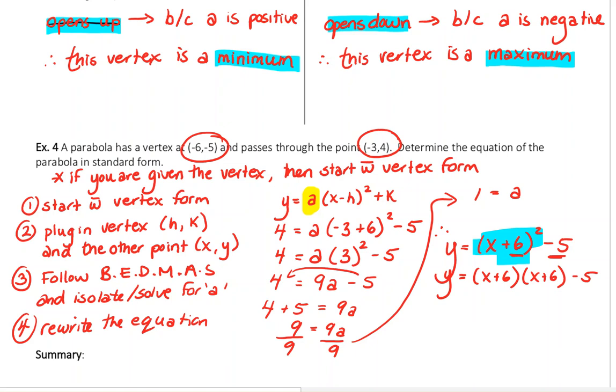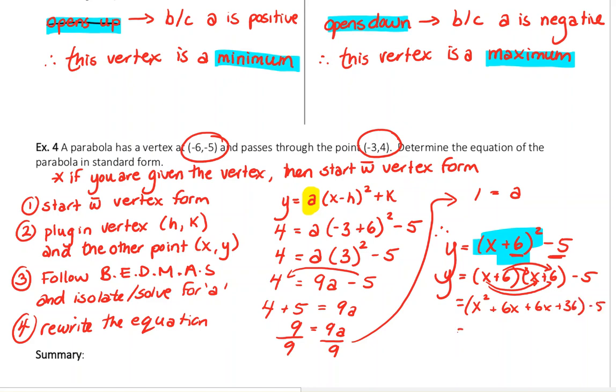You're going to use binomial expansion or FOIL to expand it. If you're going to expand, you need to multiply. x times x gives you x squared. x times 6 gives you 6x. 6 times x gives you 6x again. And 6 times 6 is 36.